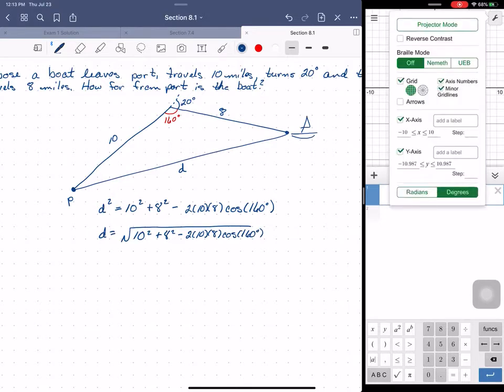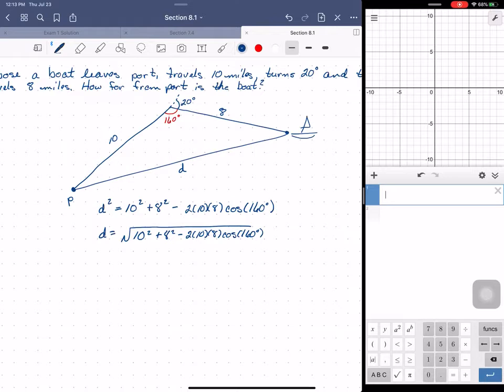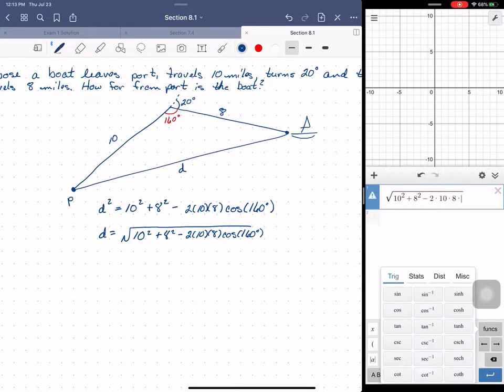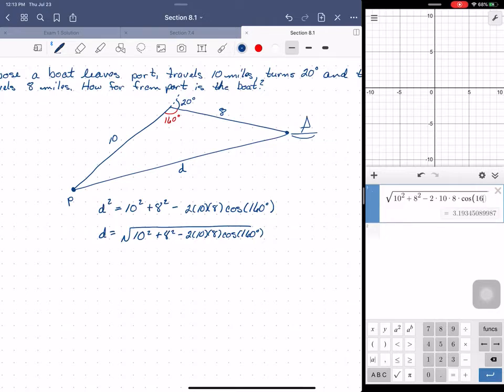Make sure we're in degrees. We take the square root of 10 squared plus 8 squared minus 2 times 10 times 8 times the cosine of 160 degrees. And my boat is 17.30 miles from port. So my Coast Guard can search within that 17-mile circle to find the boat.